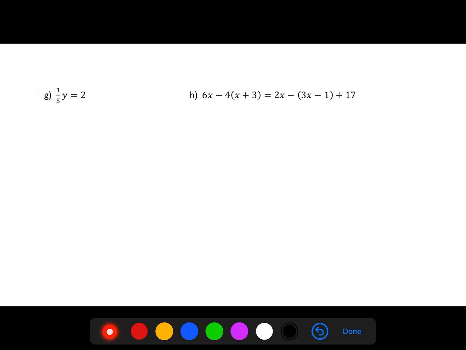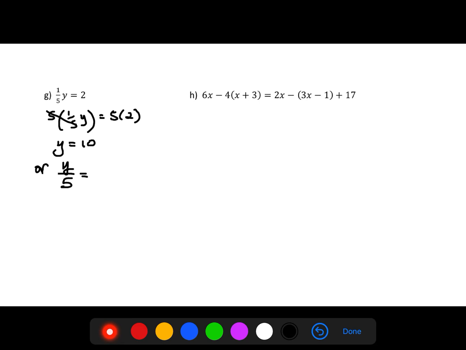Part G, 1/5 y equals 2. Again, we have a couple of different options here. We can multiply both sides by 5. So if we do that, we know that 5/5 simplifies to 1, so y is equal to 10.